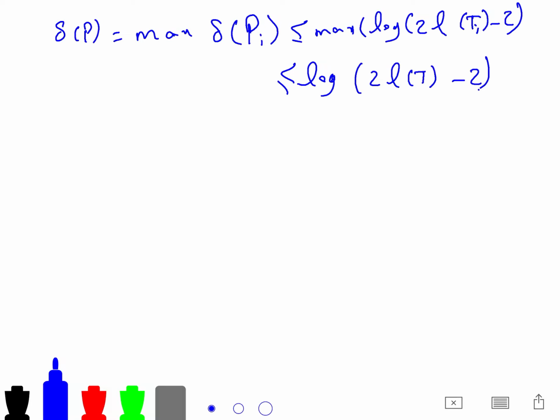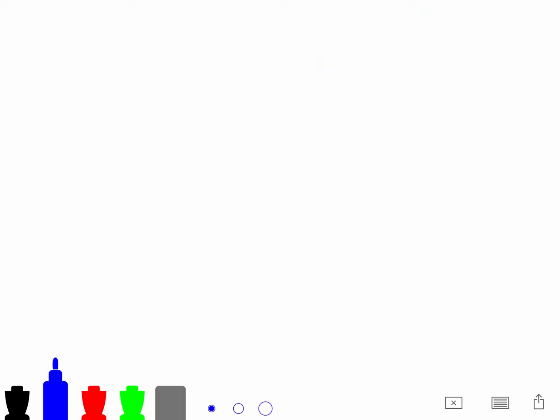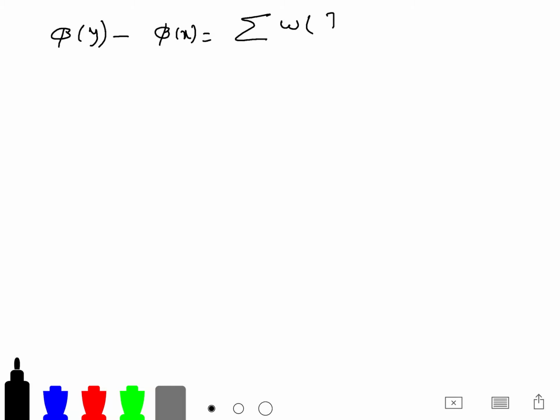And we are almost done. So you see how you can bound the shrinkage. You see that this plays an important role, that phi of y minus phi of x is omega of p of x and y, u of p, over all paths.